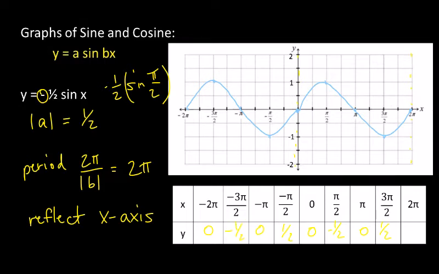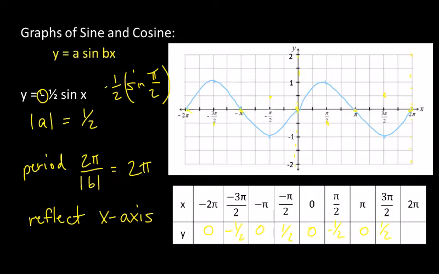So as I go to graph this transformation, I'm going to still start at the 0, 0 mark, but I'm going to go -1/2, 0, +1/2, and 0. And then I'm going to back up and go +1/2, 0, -1/2, and 0.